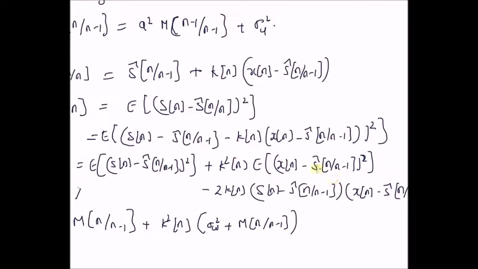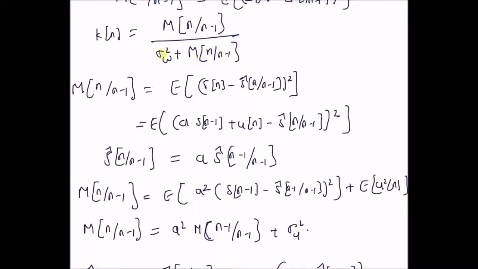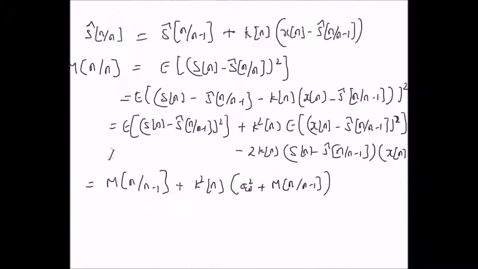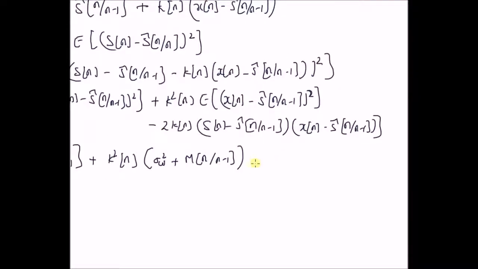This can be easily verified by looking at the definition of Kalman gain. Basically, this denominator is the value given here, and the last term is clearly equal to 2 times the Kalman gain multiplied by the expectation of this product, which is equal to the prediction error.